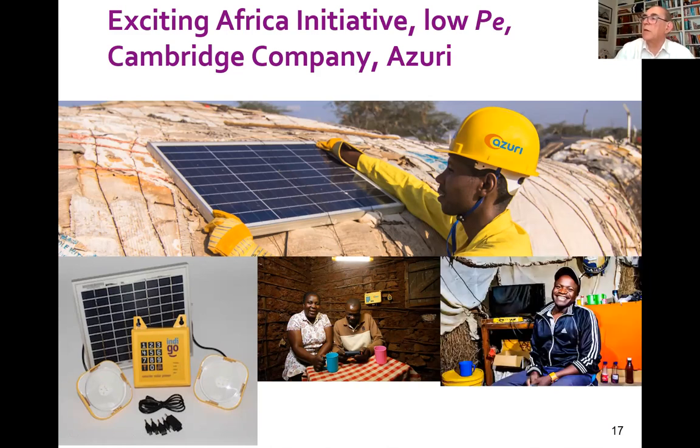But here's another customer of Azuri. This young man has a bigger system. He's probably got a bigger PV cell than this one on the roof of his house. And here's his controller, like this thing here. This is big enough to power a television, a digital television. He's put the television in his house, and people can pay and watch telly, watch football of an evening.